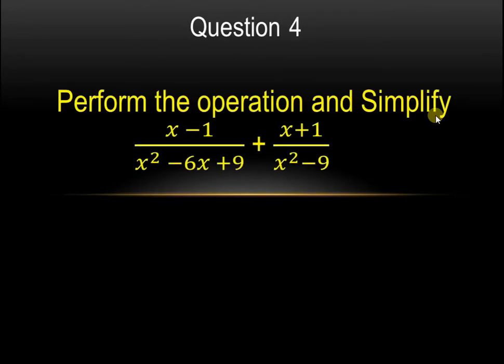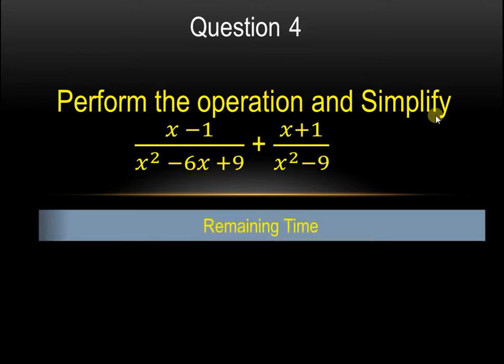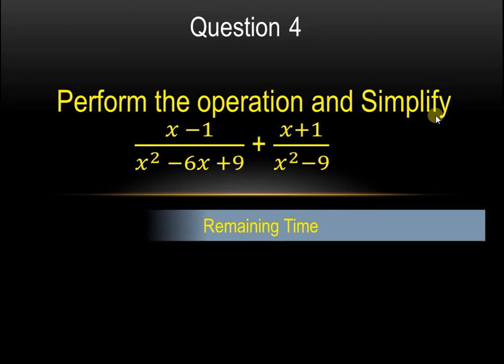Question number 4. Perform the operation and simplify. X minus 1 all over x squared minus 6x plus 9 plus x plus 1 all over x squared minus 9. Let's start the time. Okay, halfway through.